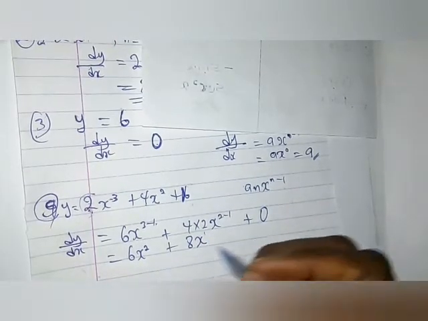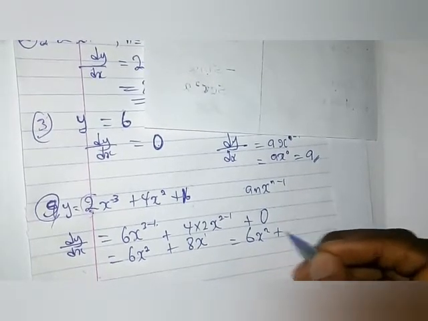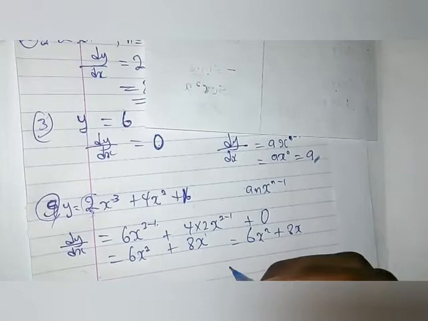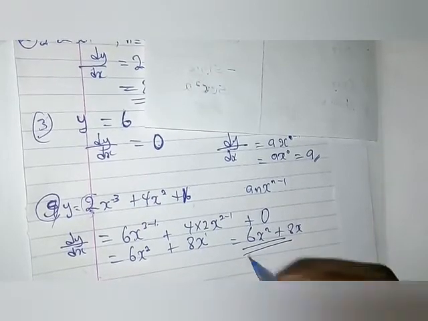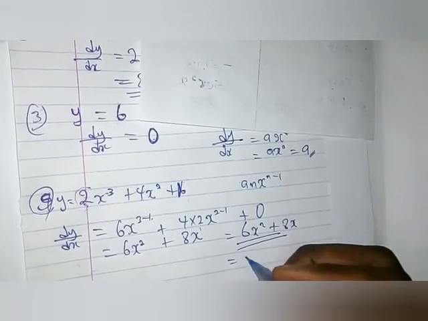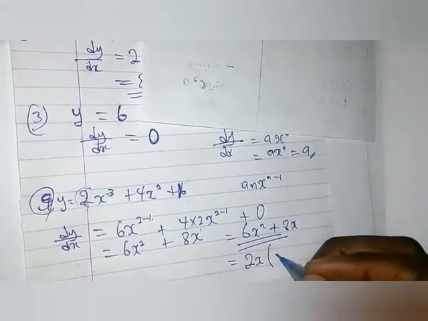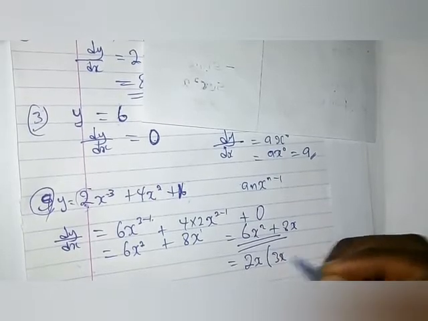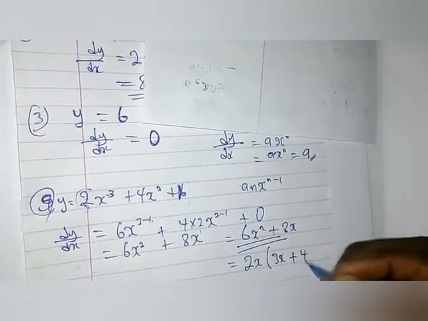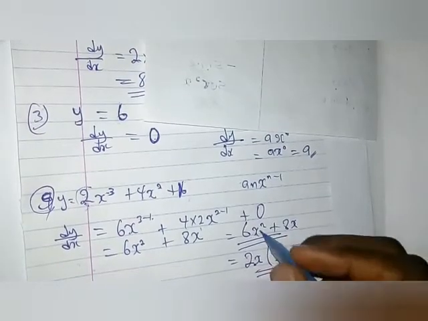So the final answer is just 6x squared plus 8x. They may rewrite it by finding the common factor, 2x times the bracket 3x plus 4. If you expand this, you have this, so it's still the same thing.